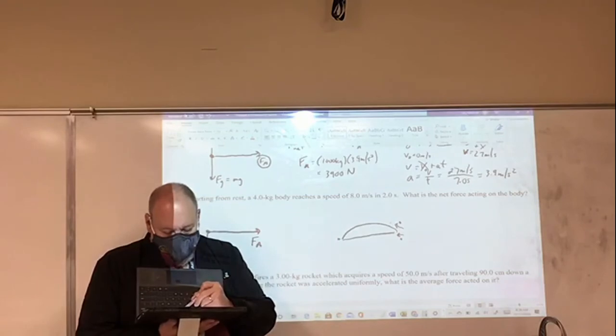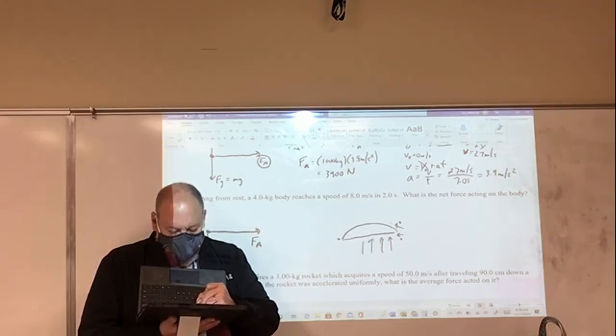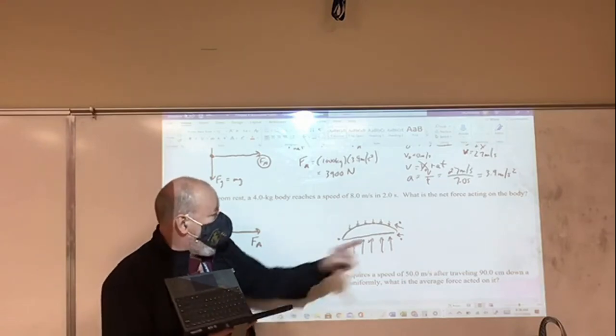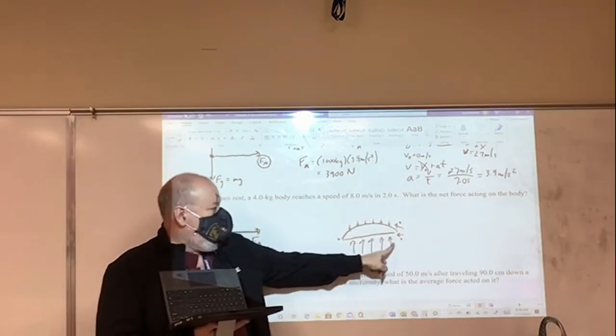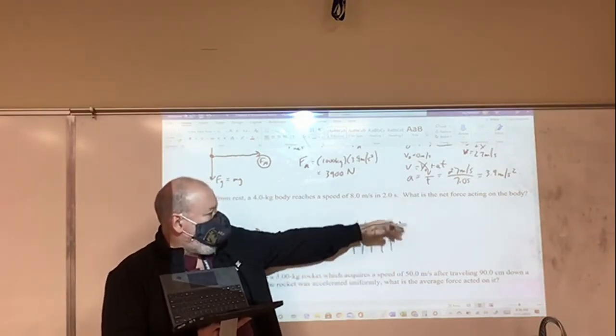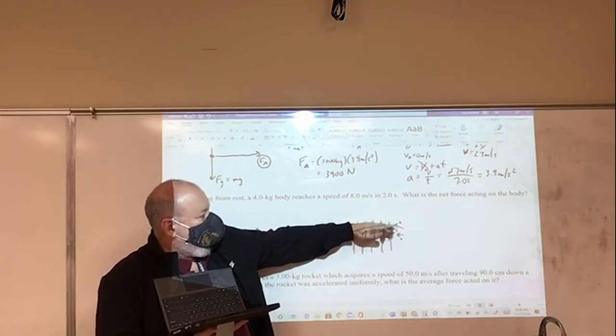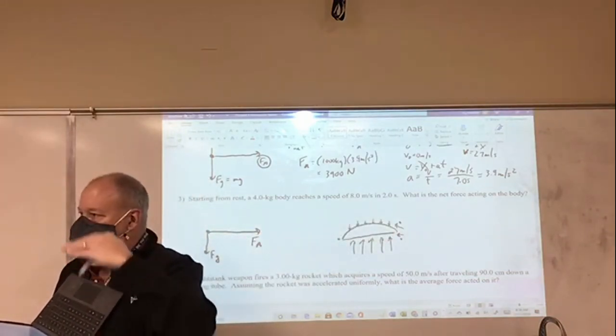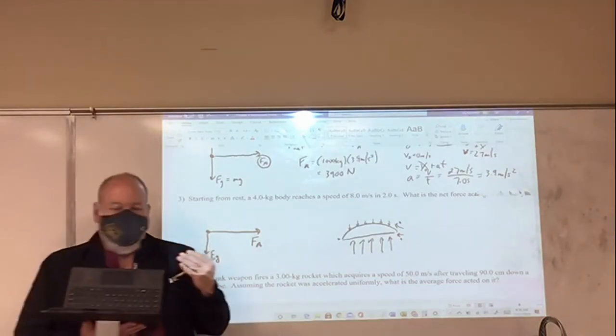These particles down here exert more pressure upward than these particles going over the top exert downward, because these particles are going faster than these particles. And since the force upward due to air pressure is greater than the force downward due to air pressure, that's called lift. That provides the lift for an airplane wing.